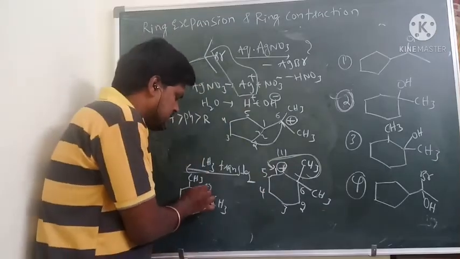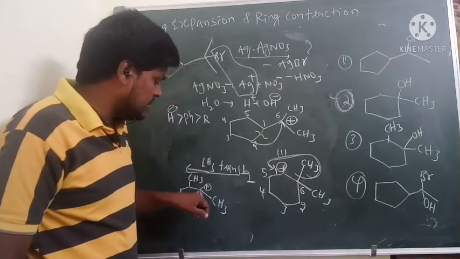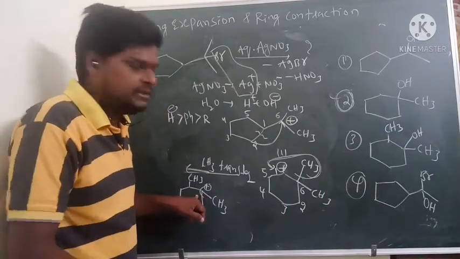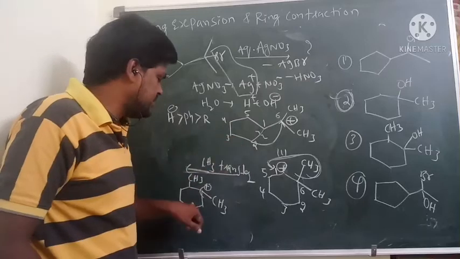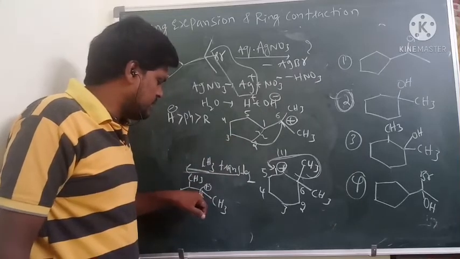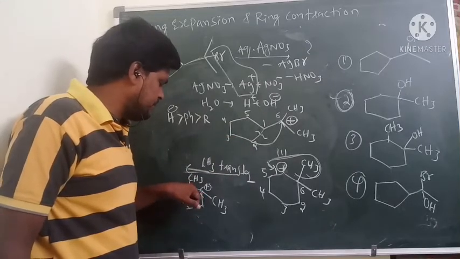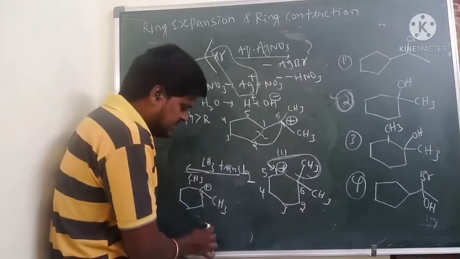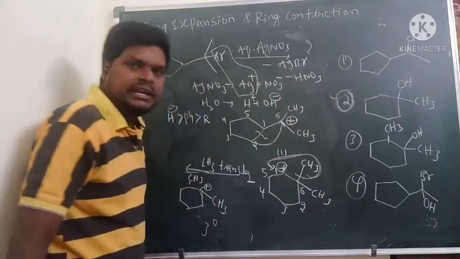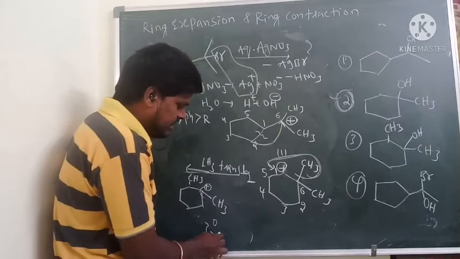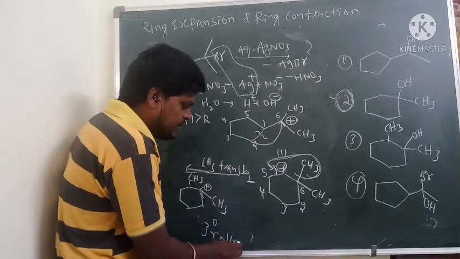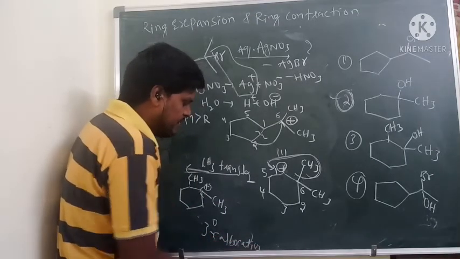Look at here, this positive charge on the carbon is a tertiary carbocation, right? And ring expansion. Before it was a C5 ring, but now it is a C6 ring. This carbon is surrounded by carbon, carbon and carbon. That's why this is a 3 degree carbocation or tertiary carbocation. That's why it is most stable, and 6-member ring expansion, right?